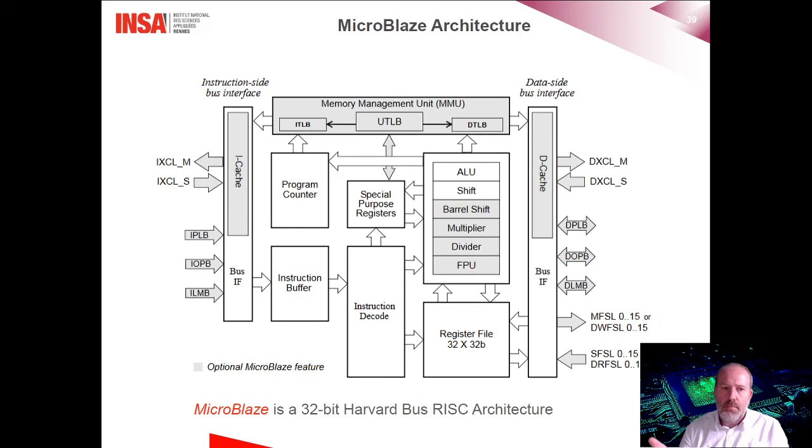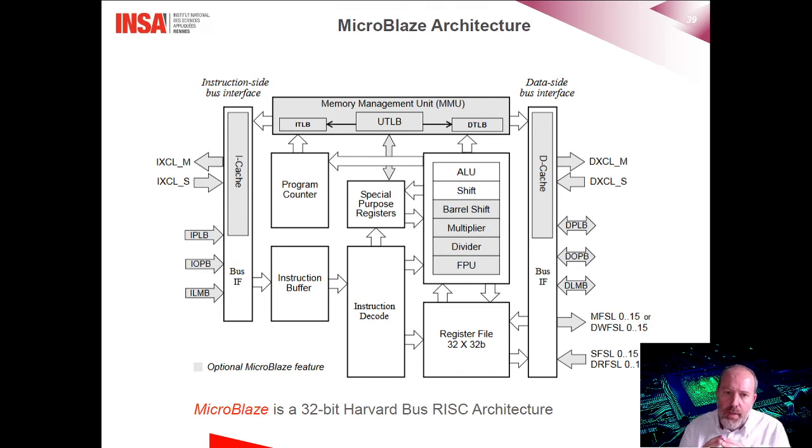So here we see the MicroBlaze architecture, which is very simple. You see here the arithmetic and logic unit, which is closely tied to the register file here, made out of 32 registers. Like any other processor, you have a program counter, which is a counter that points to the next instruction to be executed.